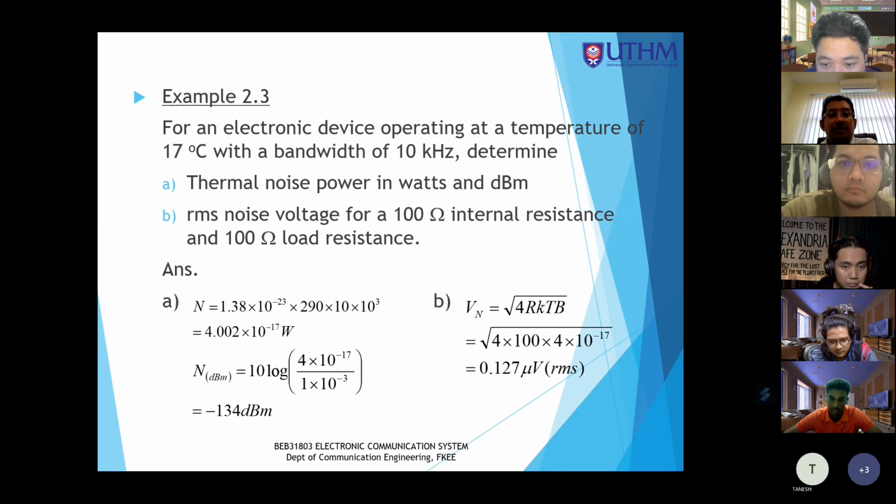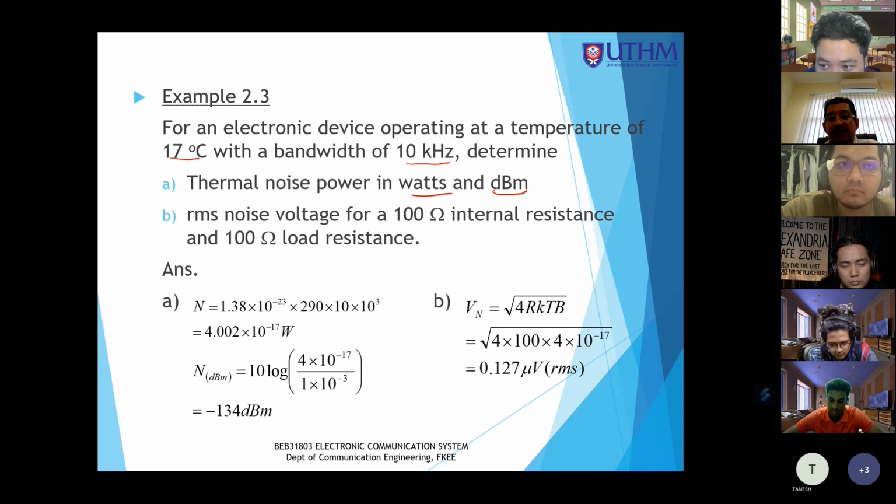Okay. So the next example, example 2.3, for an electronic device operating at temperature of 17 degree with a bandwidth of 10 kilohertz. Determine the thermal noise power in watt and dBm.